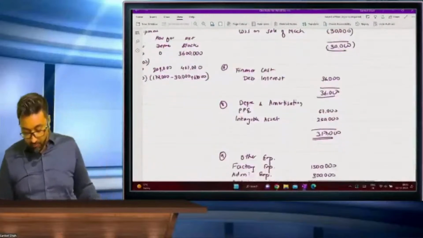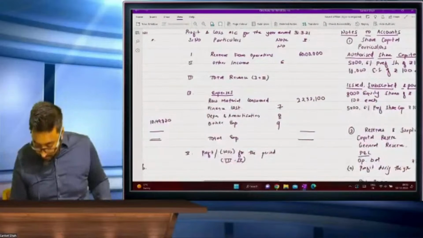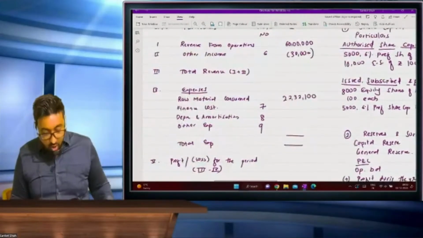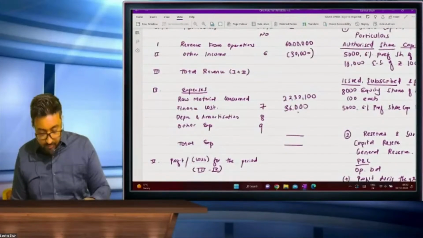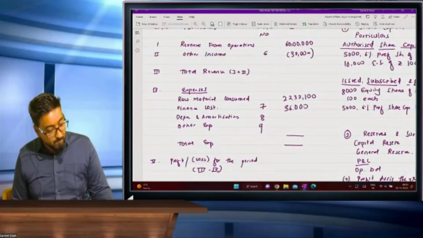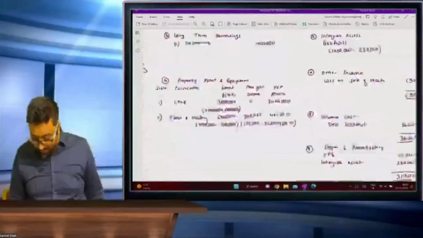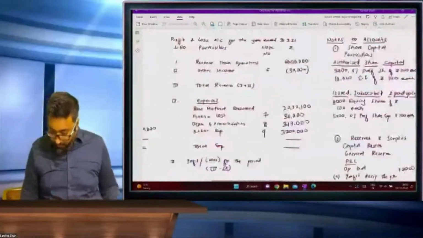Okay, so first close P&L items. Other income less 30,000. Finance cost 36,000. Depreciation 3,17,000. And other expenses 32 lakhs. Now you can calculate profit.